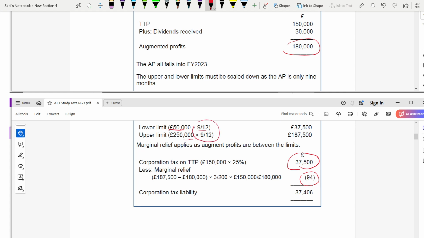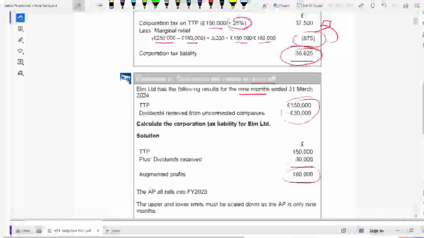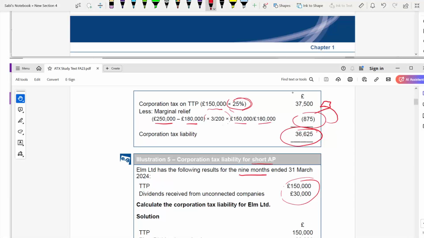You have to take only 9 months, so now your limit changes. Still, it falls in that limit. So this is the upper limit now, minus augmented profit, into standard fraction, into your TTP divided by the augmented profit, and you get your corporation tax liability. So whenever you have marginal relief, corporation tax is 25%.